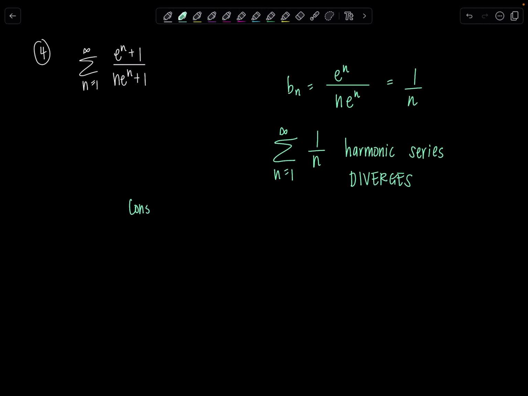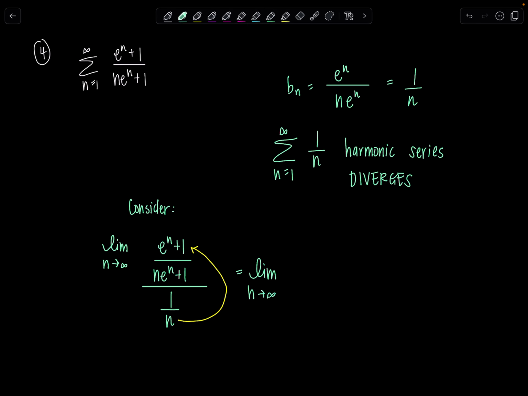So consider the limit, n goes to infinity, (e to the n plus 1) over (n e to the n plus 1), over 1 over n. Okay, I'm going to do the same aggressive maneuver, but you guys are ready for it. This is going to flip up here, and I will distribute. So this is limit, n goes to infinity, (n e to the n plus n) over (n e to the n plus 1).